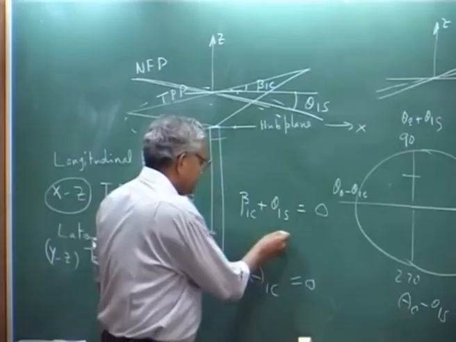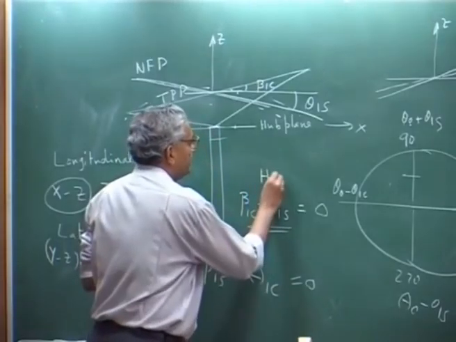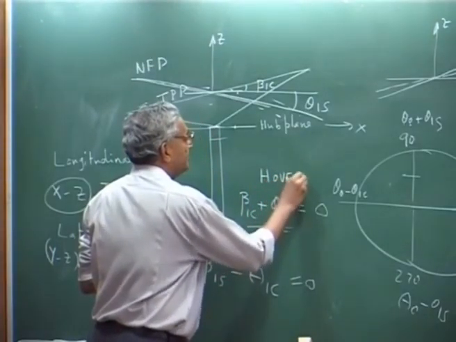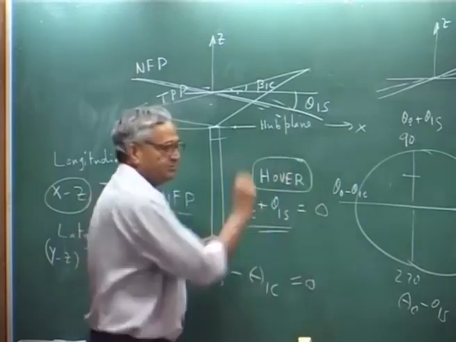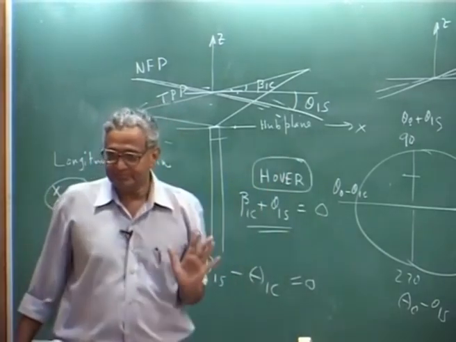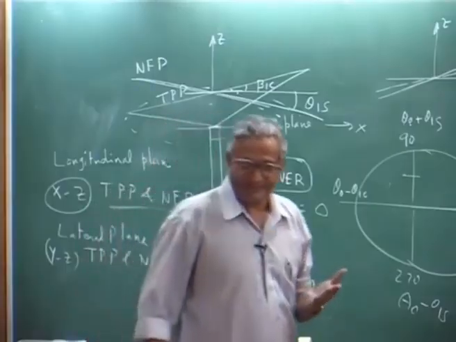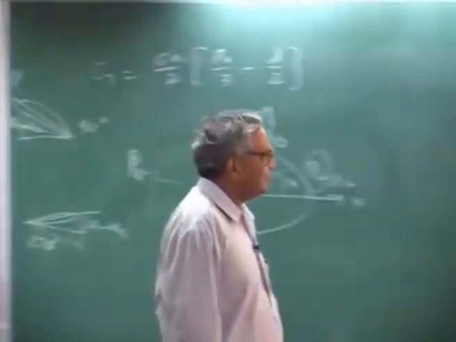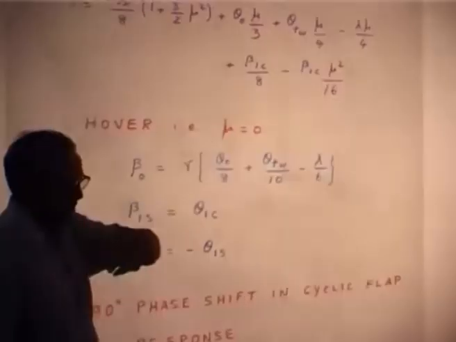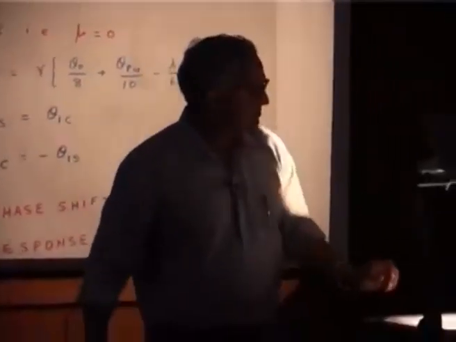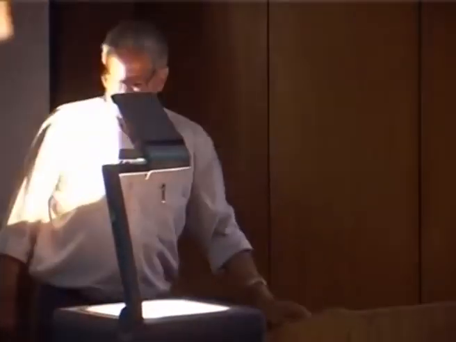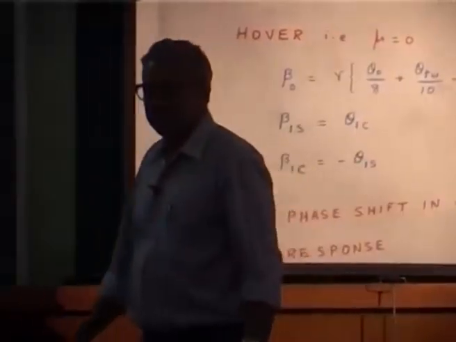Because please understand, I am again putting it for hover. The moment I go to forward flight, these two planes are different, because in forward flight I have to solve. If you want, I can show it, I don't know whether I have it, no, it is not here, I have to write it.